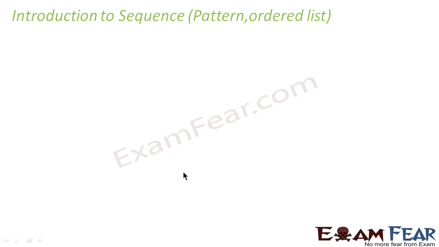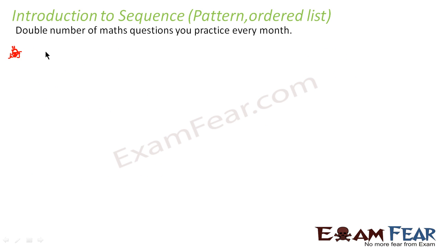Let's take one more example of a sequence. For example, in the month of Jan, you have solved, let's suppose, 4 maths questions every day, per day. Now your teacher is telling you to keep increasing your count so that every month you double.